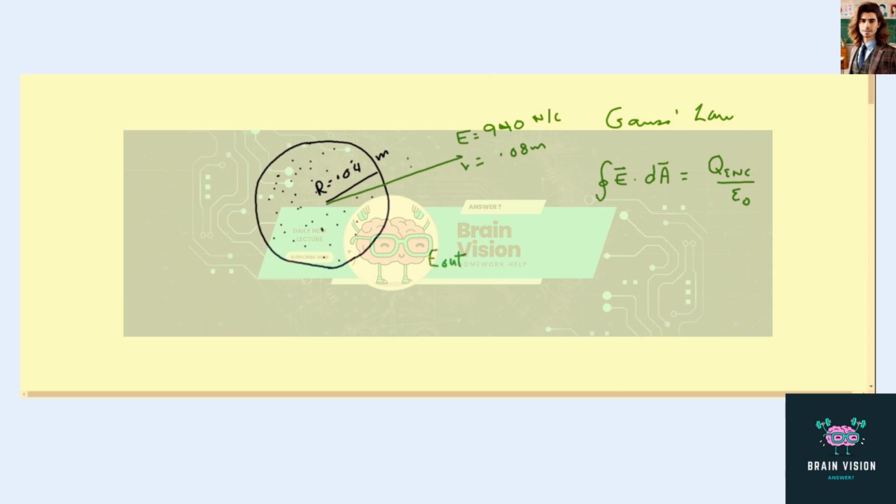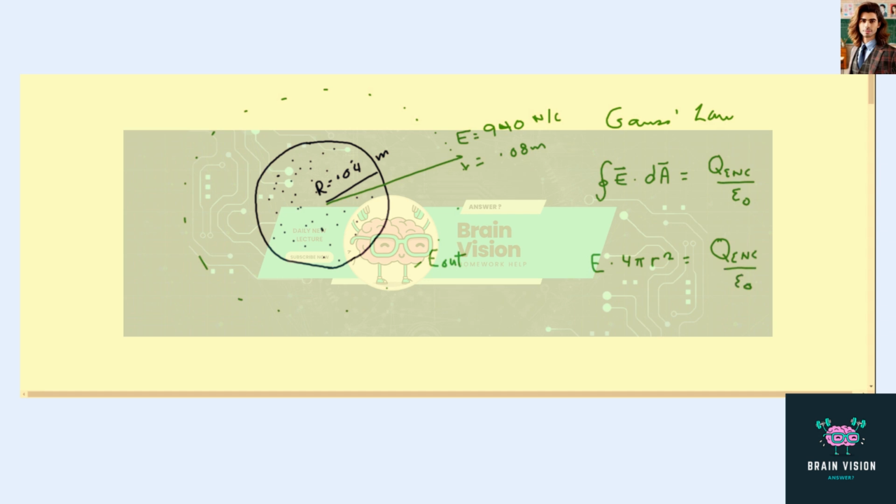We can draw a little Gaussian surface right at the point of the electric field. What we know is that the electric field times the surface area of that sphere, 4 pi r squared, is equal to the entire charge enclosed over epsilon naught.